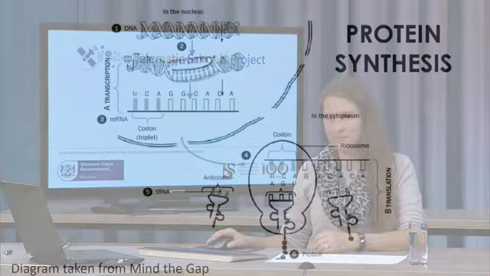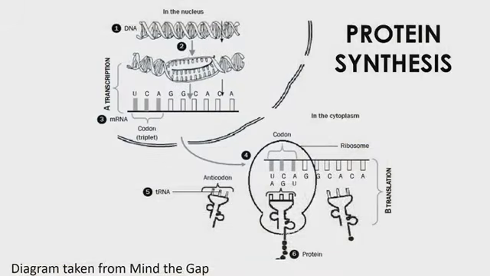So we're going to start with protein synthesis first. And we start off with this image that has been taken off of Mind the Gap. So you guys would have access to it. It's available on the internet as well. And for protein synthesis, like the word says, we are synthesizing. We are making a protein. So the question is, how do we make proteins in our body?